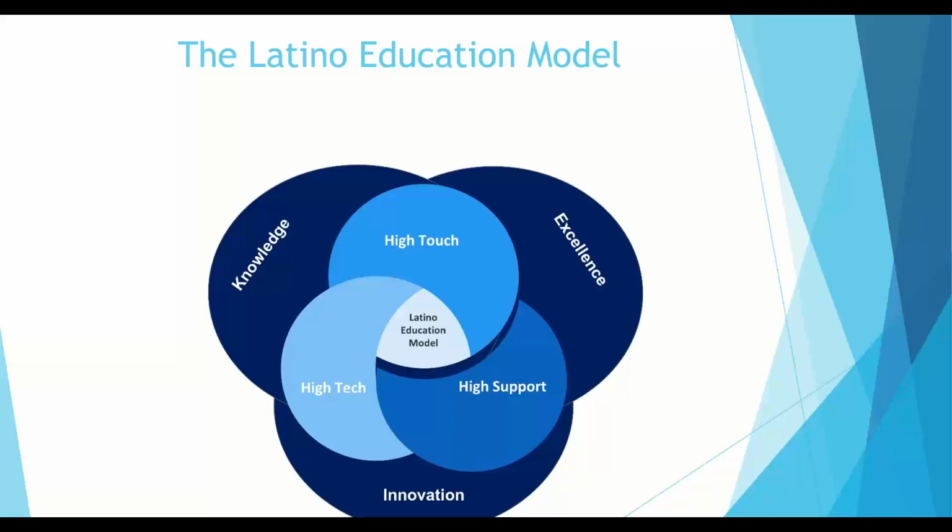And once again, it has to do with the knowledge that we have about ourselves, the experience that our faculty have about how Latinos learn, and also high technology. I think that you will agree that technology is going to play a major role in our lives, in the way that we teach, the way that we learn, and also the way that we go about executing our jobs. So we felt that high technology needed to be a very strong component of our model.